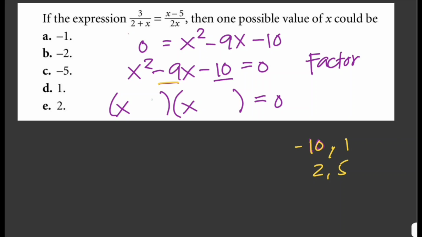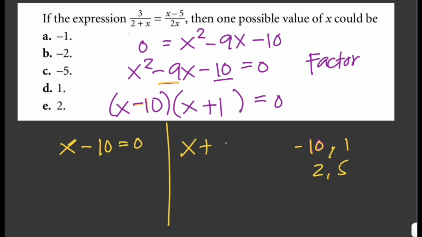So that would be x minus 10 times x plus 1 equals 0. Then we can equate each of the factors to 0 to solve for the value of x.